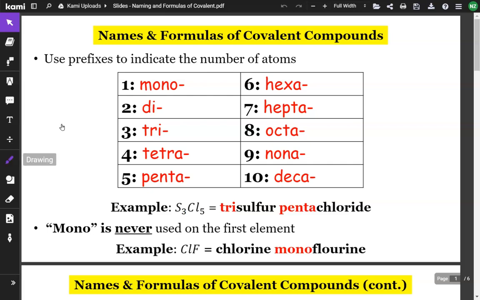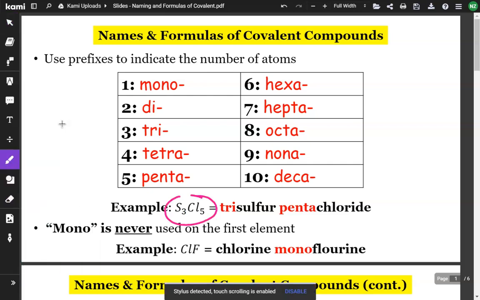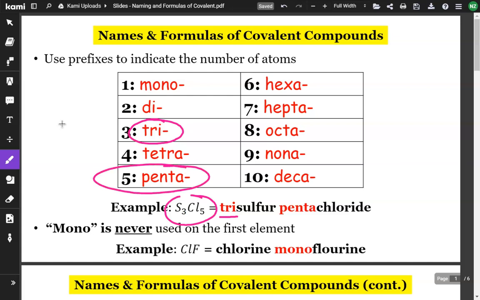An example, if you look down at the bottom here, is S3Cl5. There are 3 sulfurs and 5 chlorines. Because there are 3 sulfurs, I use the prefix tri, so trisulfur. And because there are 5 chlorines, I use the prefix penta, pentachlorine.